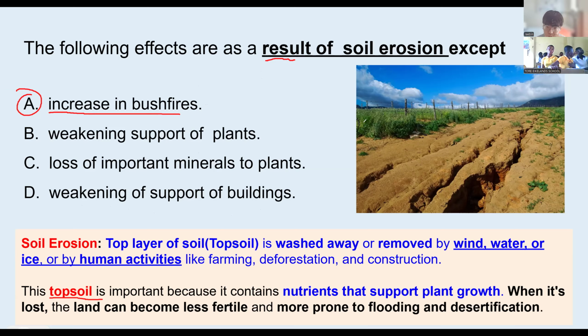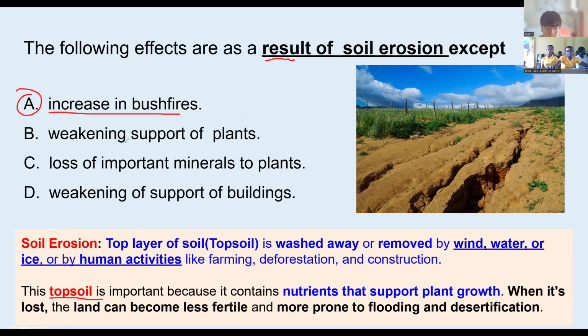Soil erosion is just about washing away or removing the top layer of soil, and bushfires are not caused by soil erosion.